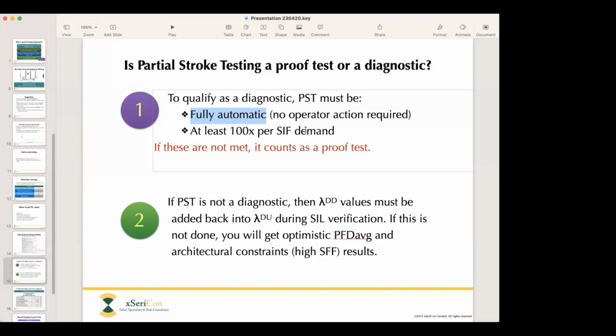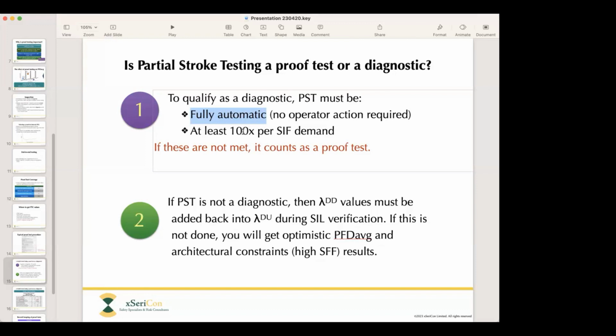So it's very rarely done that partial stroke testing is automated, at least not so that it actually starts automatically. Sometimes there will be a stroke testing device provided that when the command is given by the operator, then the valve will stroke, for example, from 100% to 80% and then back to 100% again.